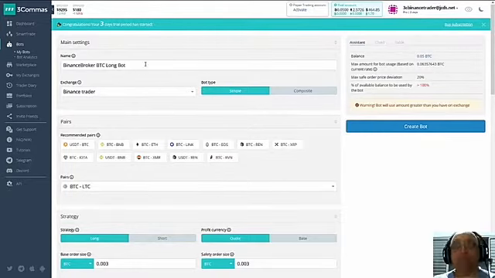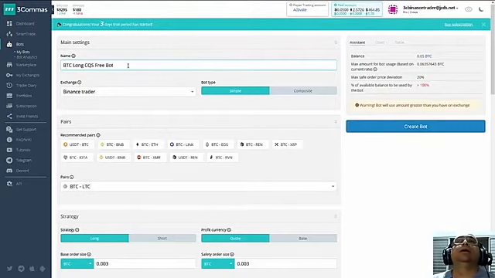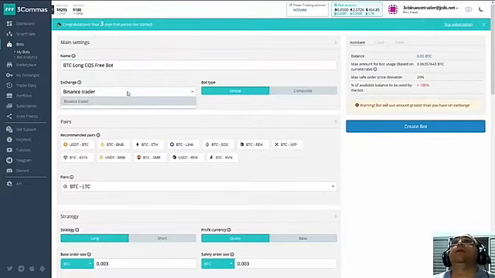I will just put the CQS free here on my bot name, so I know that this bot uses the CQS free signals. I can choose the exchange, but the only one I have is this one.